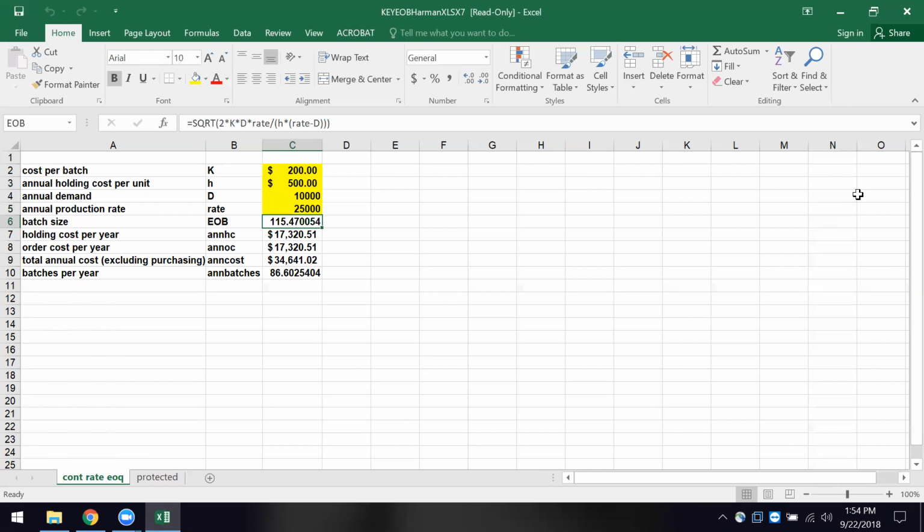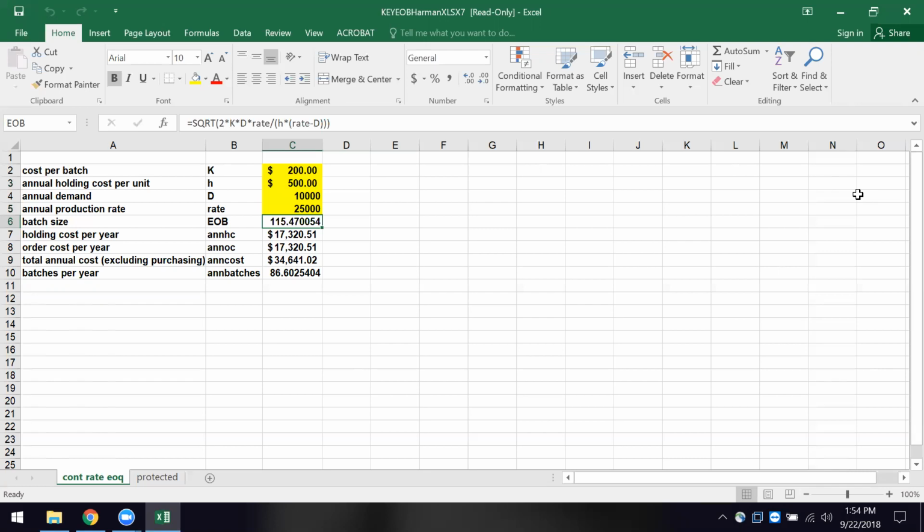because people still use that. So we've got the batch size, which is the square root of 2 times K, which is the cost per batch, times D, the annual demand, times the rate, the annual production rate, and that's divided by H, which again is the annual holding cost per unit, times rate minus D, the demand.